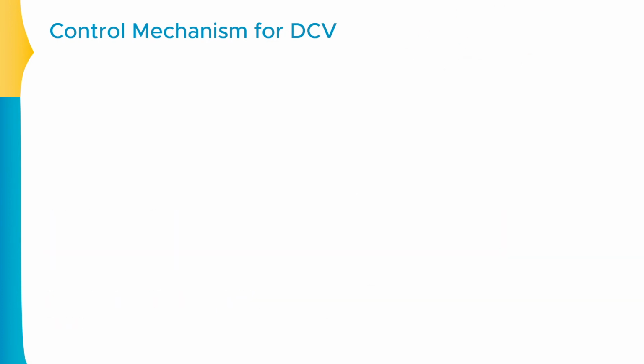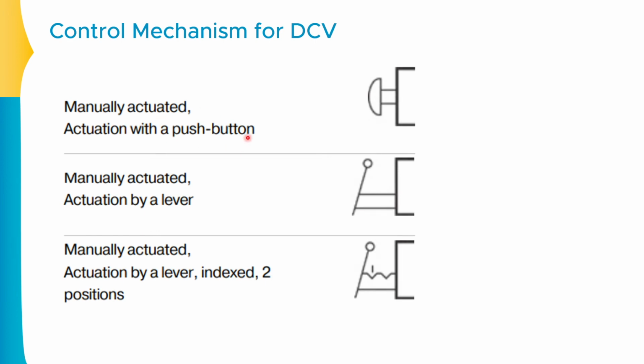Other than that, we have the push button mechanism available. Okay, so this is the manual mechanism. We have to manually push the button and the actuated position will come. Until and unless we push this specific button, the direction control valve will stay in the normal condition.